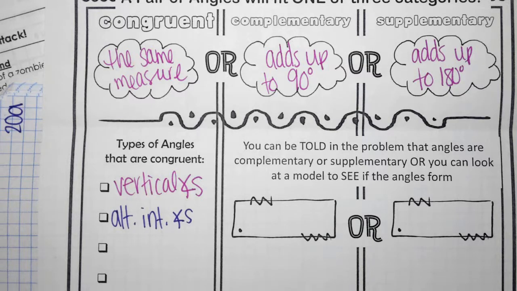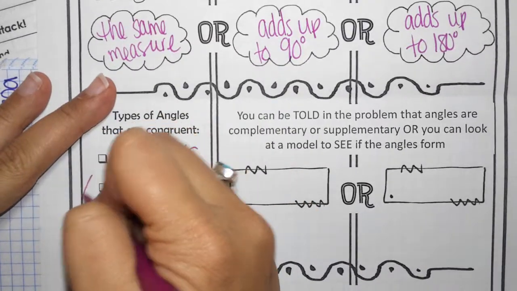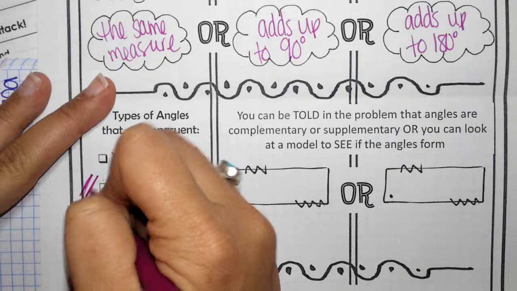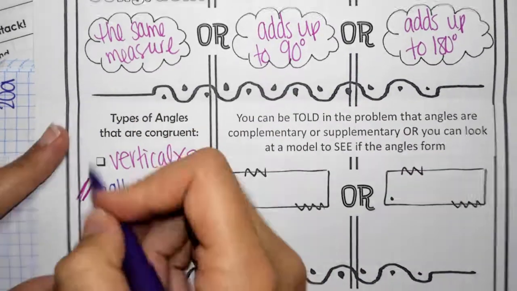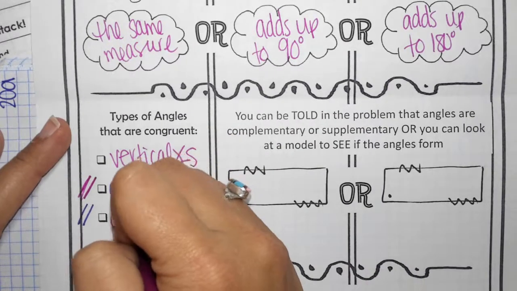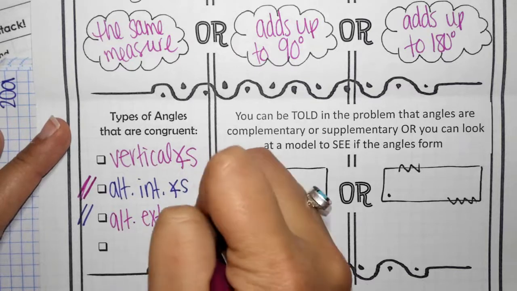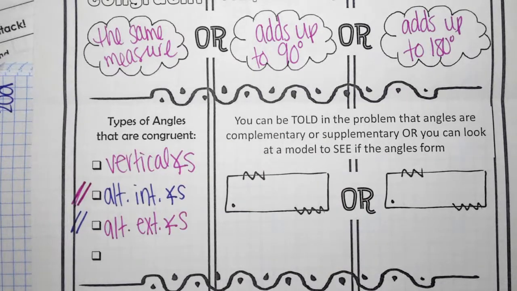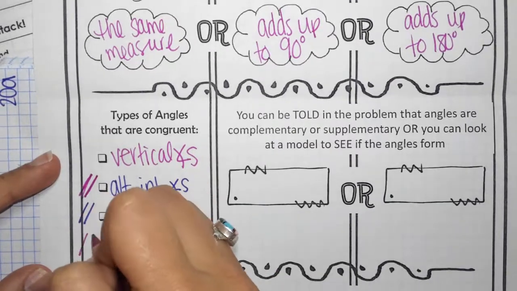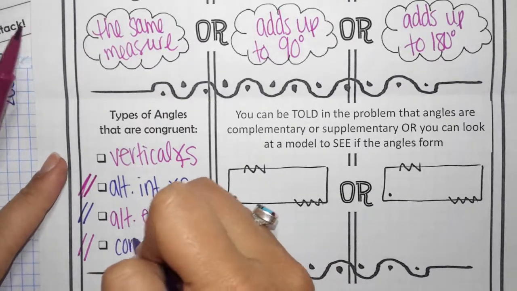You're welcome. All right, so alternate interior angles are congruent when the lines are parallel. So let's put parallel lines beside this. When lines are parallel, what other types of angles are congruent? Alternate exterior. Take a point. And there was one more when the lines are parallel. Corresponding. Good. Take a point.